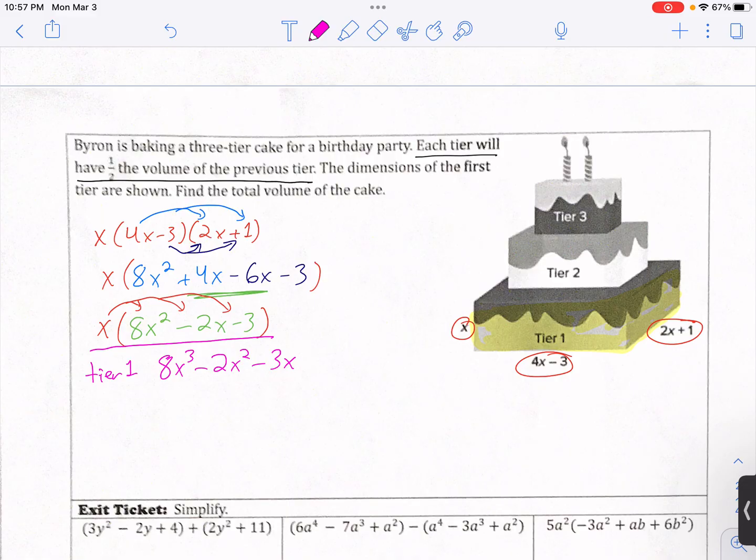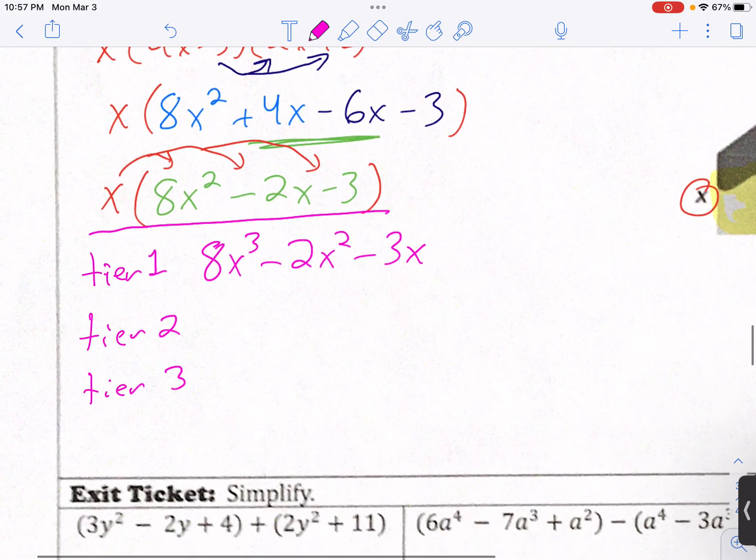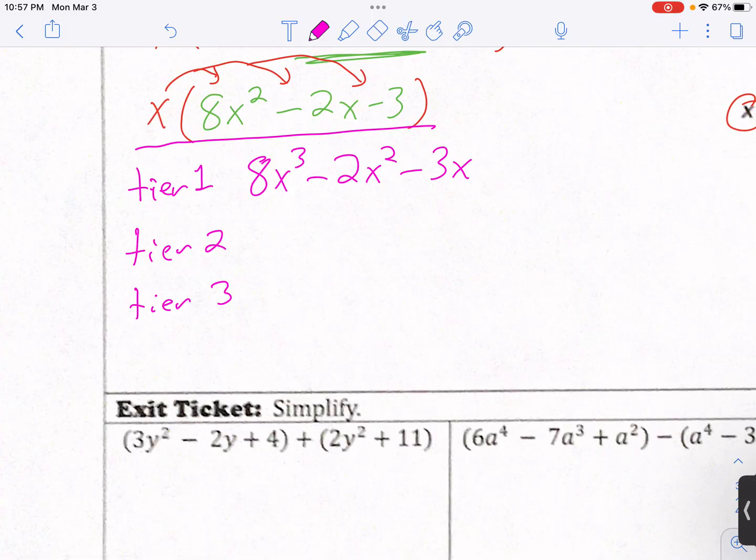All right, after that, we need to figure out what tier 2 and tier 3 are, which, remember, all we had to do from there is just divide it by half, or multiply it by half. So from here, I'm just going to divide by 2. Half of 8, that one should be easy.